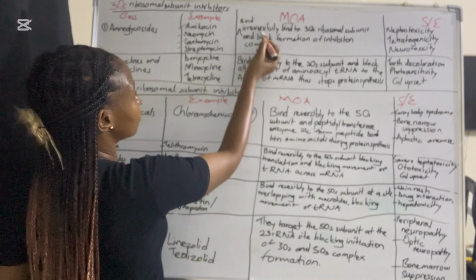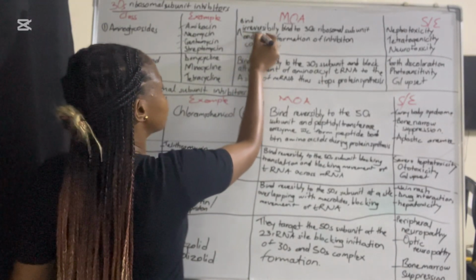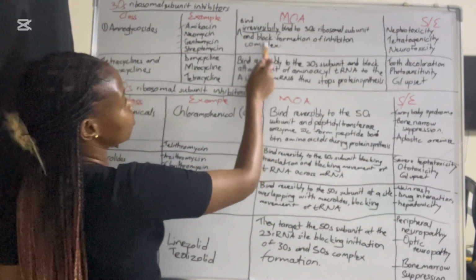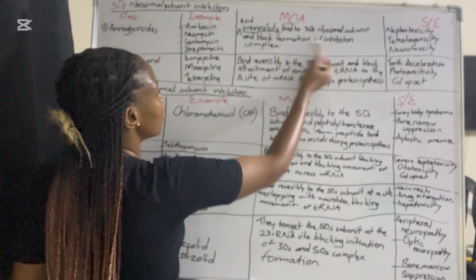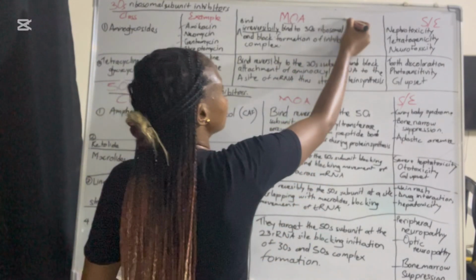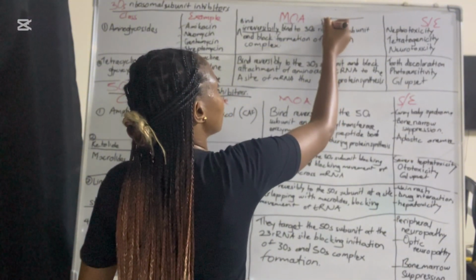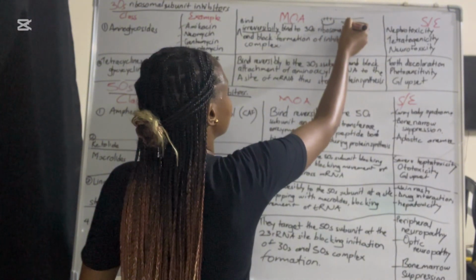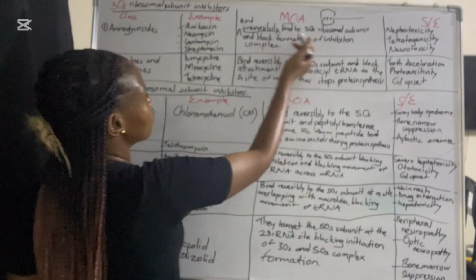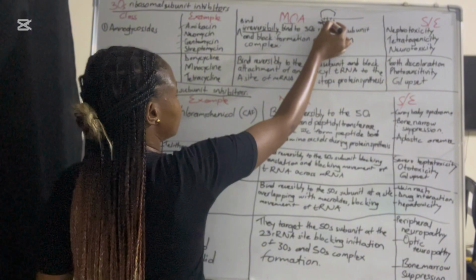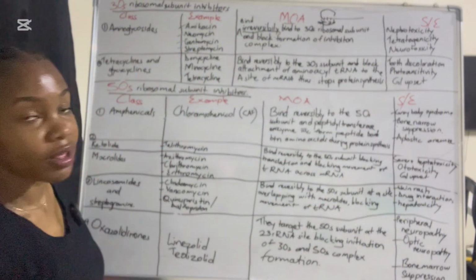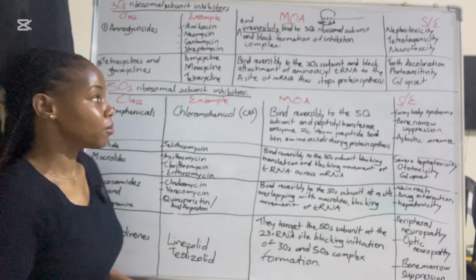These aminoglycosides bind irreversibly, that is the key word, irreversibly, to the 30S ribosomal subunit and block formation of the initiation complex. Remember, we said it is the 30S ribosomal subunit that has to first join onto the messenger RNA, then also the 50S joins. So once these aminoglycosides have blocked this 30S from binding, that means the complex won't be formed, thus preventing protein synthesis from occurring.